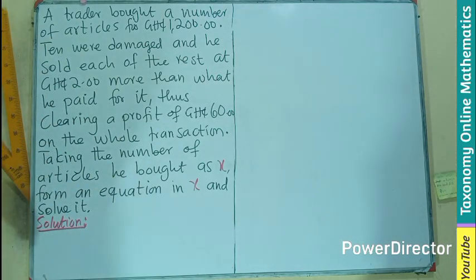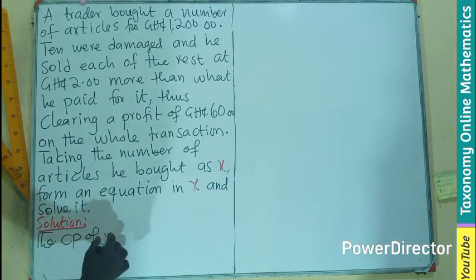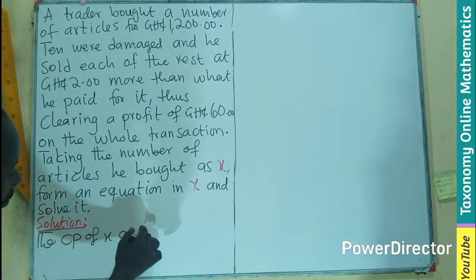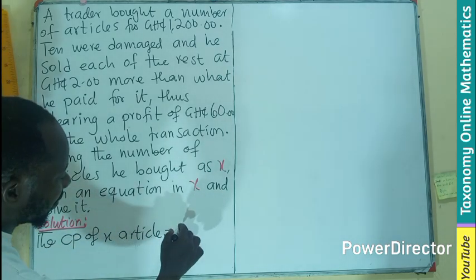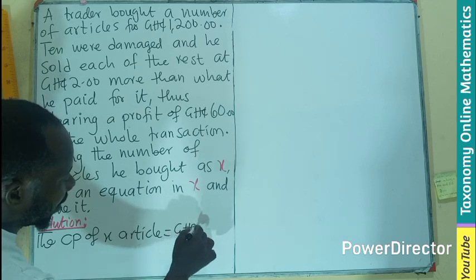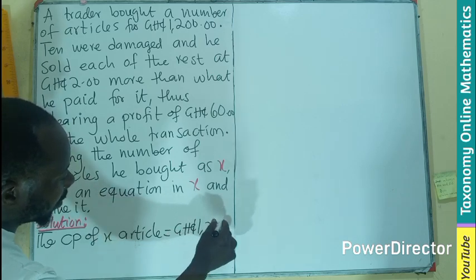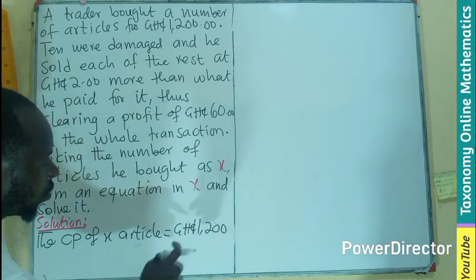So we can say that the cost price of the x articles is 1,200 Ghana cedis. Let me indicate the Ghana cedi for the first calculation, then I will ignore it throughout.